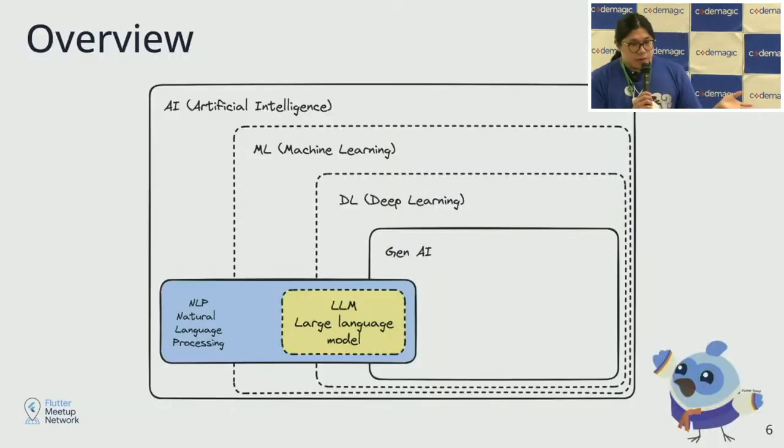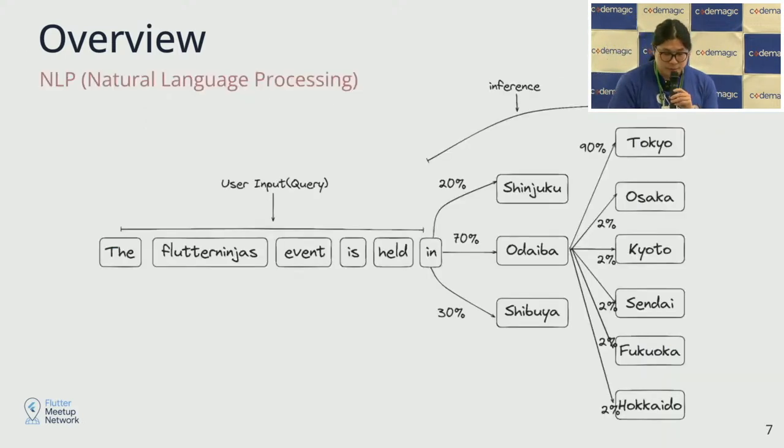This picture shows the difference between AI, machine learning, and deep learning. Generative AI is a part of deep learning technology. An LLM is a language model that is part of the natural language processing field. Now let's move on to NLP. NLP is aimed at understanding the structure and meaning of text.